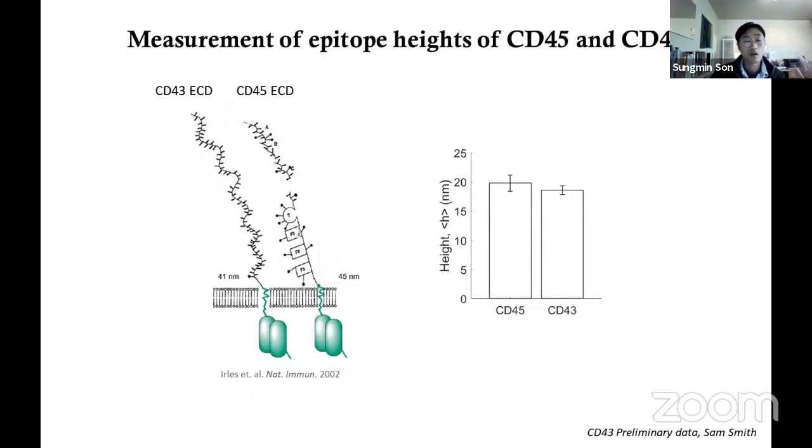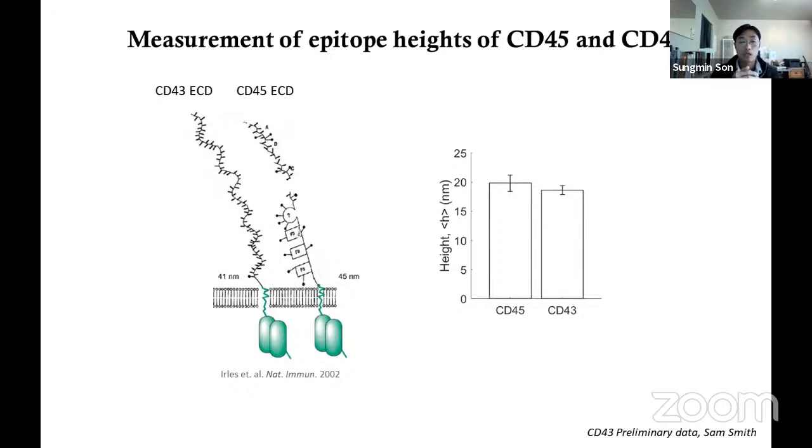It's kind of remarkable that this literature from 20 years ago predicted the height of these active domains quite accurately. But what we're measuring here is, again, the average height while these proteins are dynamically moving.